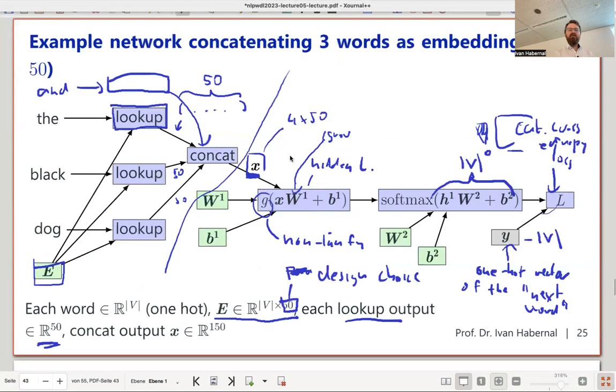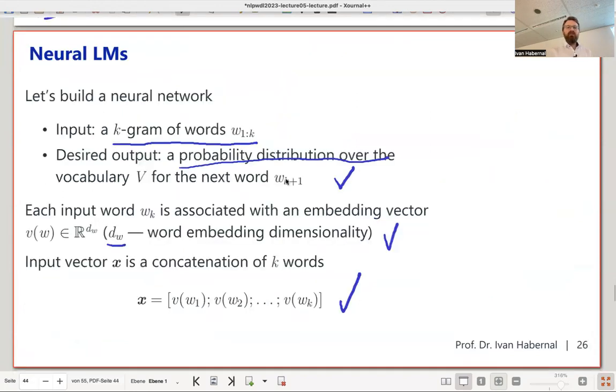So if we add a new word, the embedding matrix stays the same, but we just have to extend a little bit this one matrix and this one bias. Like not 3 times 50, but 4 times 50. So it will be a dimensionality of 200 instead of 150. But that's pretty much it. So this is good.